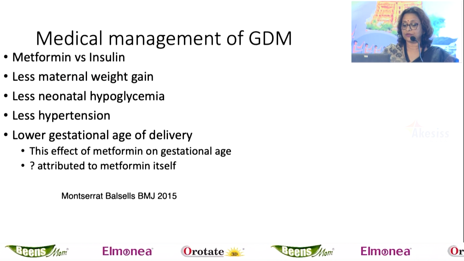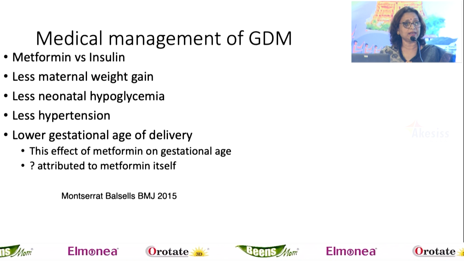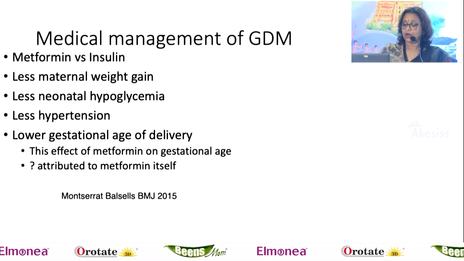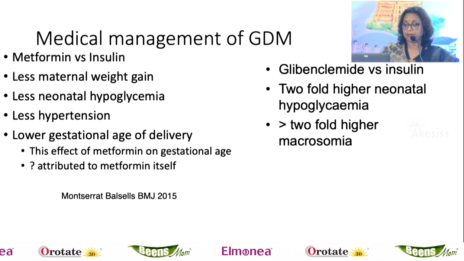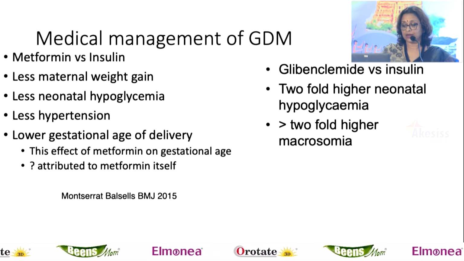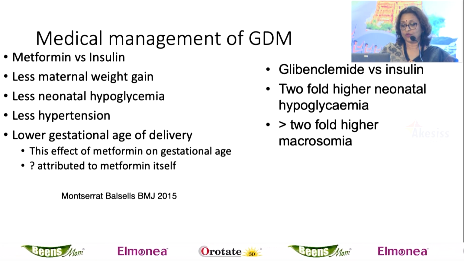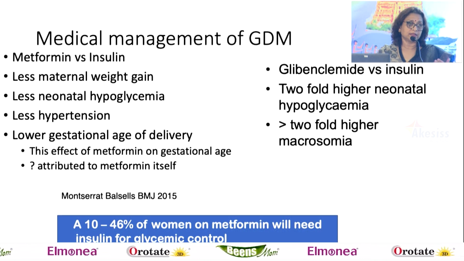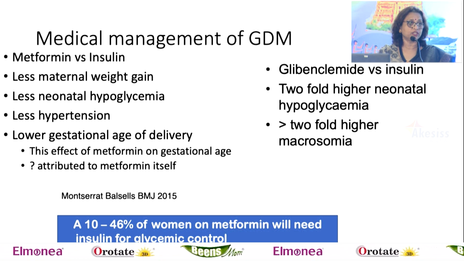Obviously, there are going to be a group of women who will need insulin additionally, and when you compare glibenclamide versus insulin, as I said, there's far higher hypoglycemia and twofold higher macrosomia. So I don't think that's a drug which would be beneficial for use.